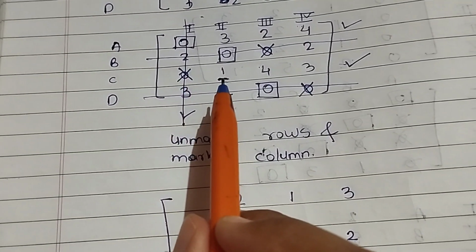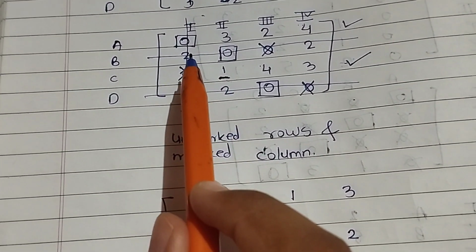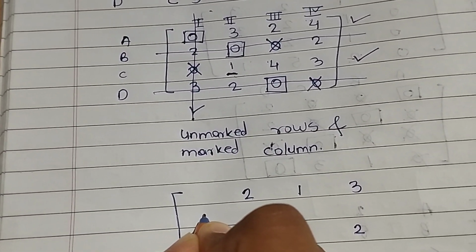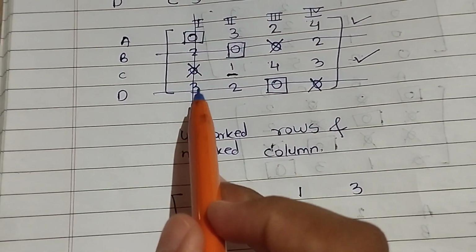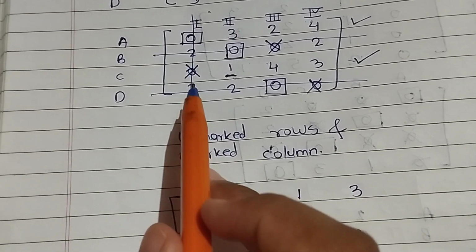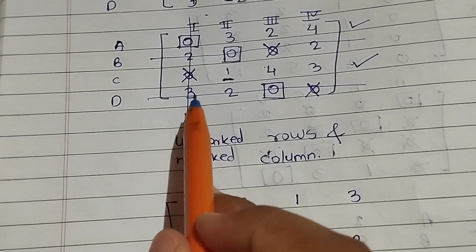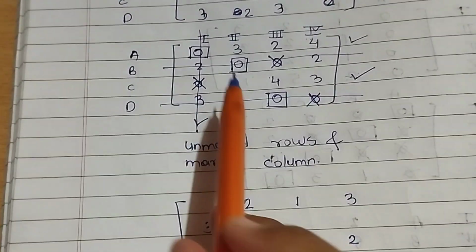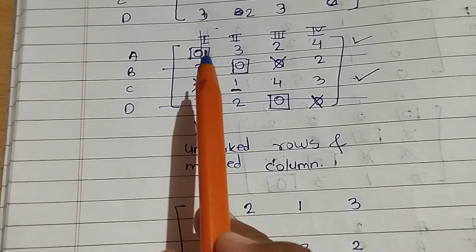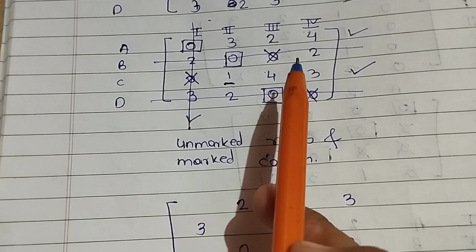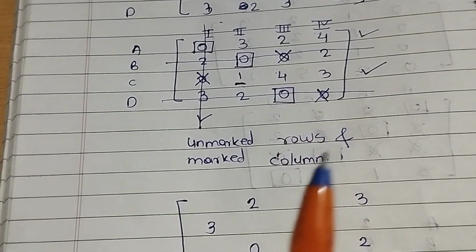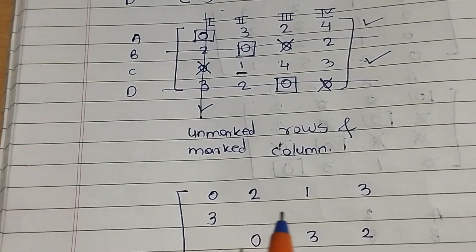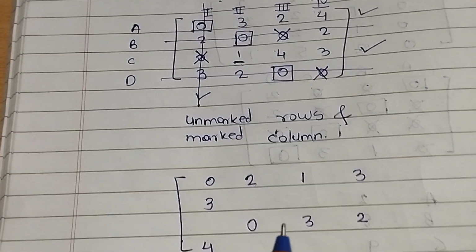So add the smallest element to the intersected element: 2 plus 1 is 3, and at the 3, two lines intersect, so 3 plus 1 is 4. The remaining elements covered by a single line are written as they are.